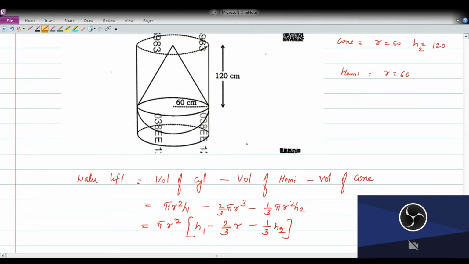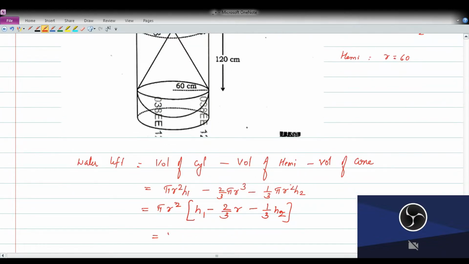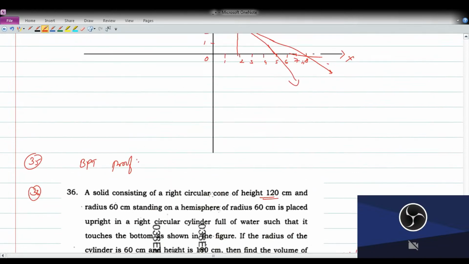On simplification, I'm going to get 22/7 into 60 square outside. H1 is 180 minus 2/3 of 60 minus 1/3 of 120, because the height of the cone is 120.